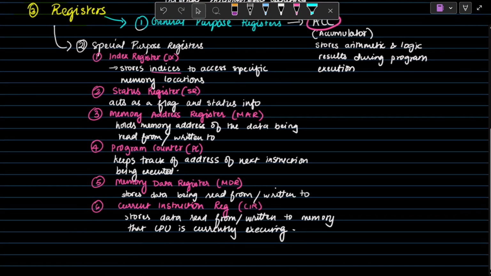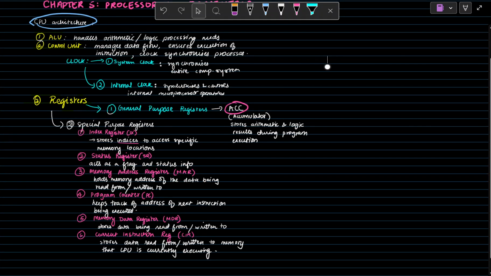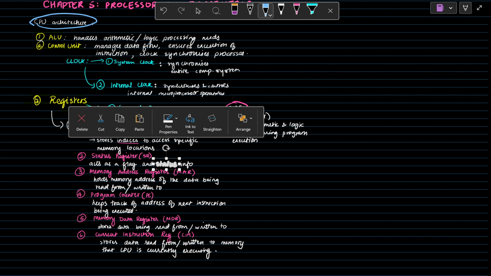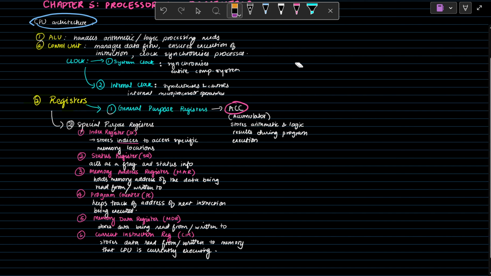Up until now we've done three main things. The ALU is the arithmetic logic unit, which handles the arithmetic or logic processing needs. The control unit manages data flow and ensures the execution of instructions, and the clock synchronizes the processes.